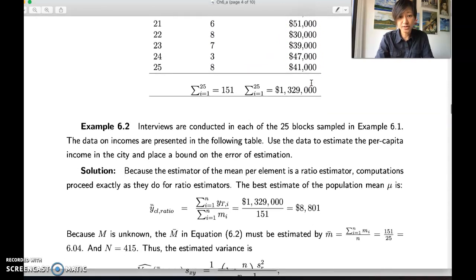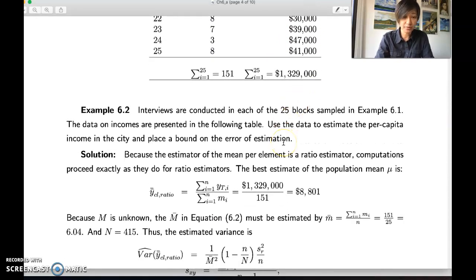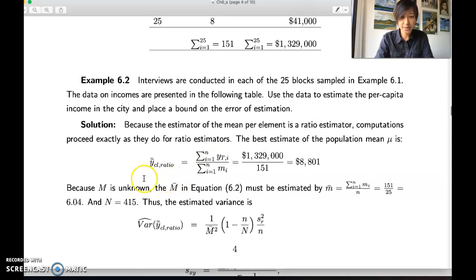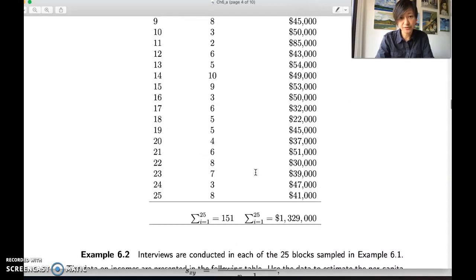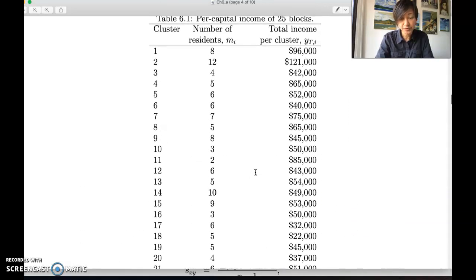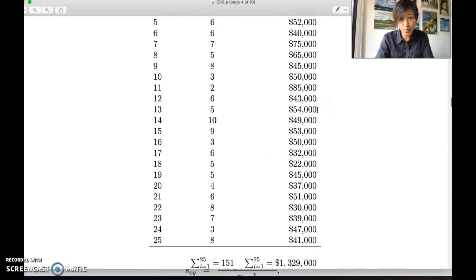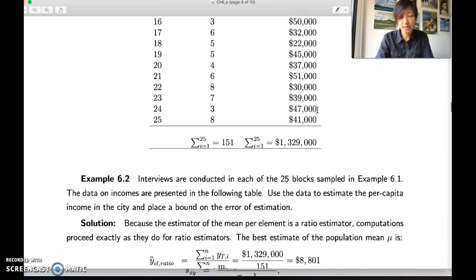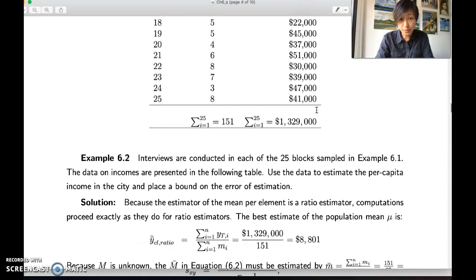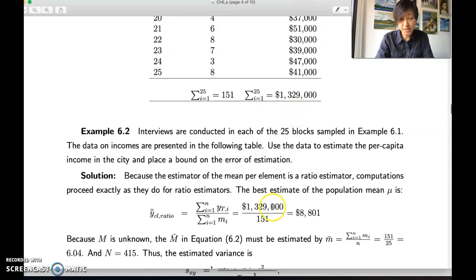Using the ratio approach, we can estimate the population mean by the ratio estimator. So we add up the cluster totals divided by the total of the cluster sizes. We're looking at 151 individuals, and the total income for everyone in the clusters in our sample is 1,329,000.